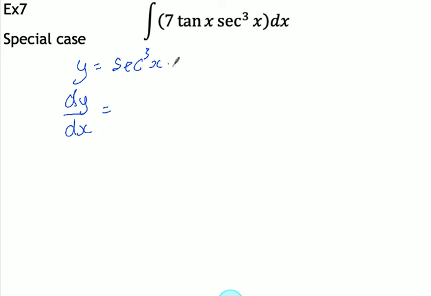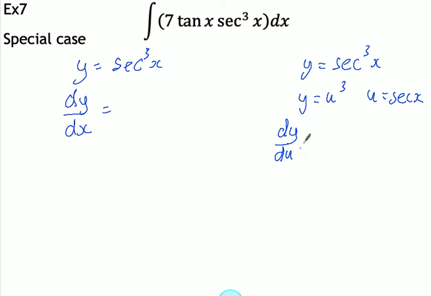And that's a little bit trickier, this one, so I'm going to formally show you the chain rule. So let's make sure that we can do this successfully. Differentiation of sec, I don't know it. Luckily for me, it is in the formula book. It's sec x tan x.